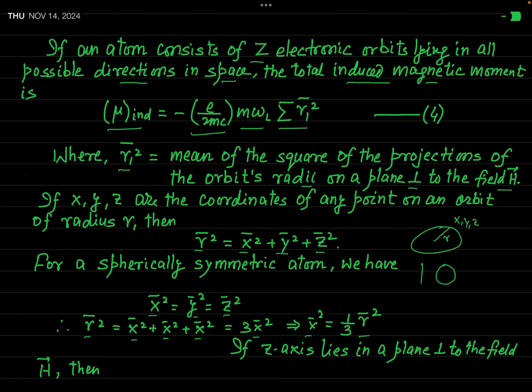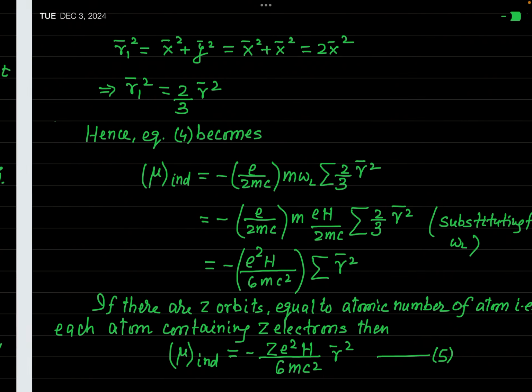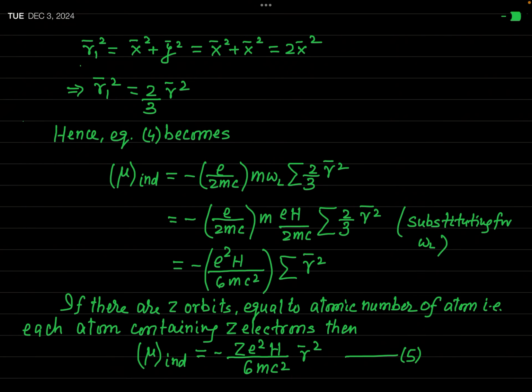Now if you consider that the z axis lies in a plane perpendicular to the field H, then the z coordinate will be 0, and therefore R1 square bar will be equal to only x square bar plus y square bar.